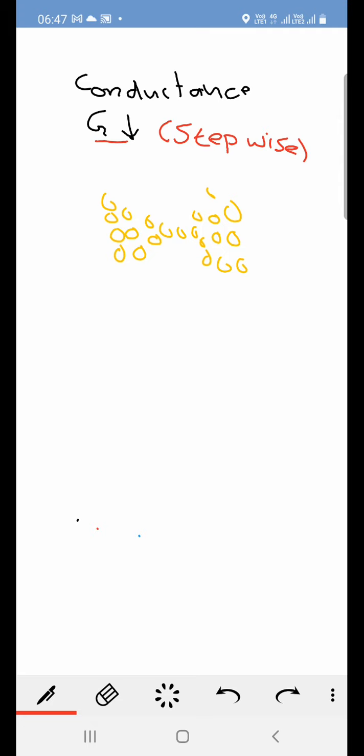As G eventually drops to 0, the piezoelectric retraction, there is some piezoelectric actuator. Remember that we are dealing with cantilever beams, so we are making this cantilever with the help of these gold atoms. So there is a piezoelectric actuation involved, and these piezoelectric actuators are used to reconnect the junction.